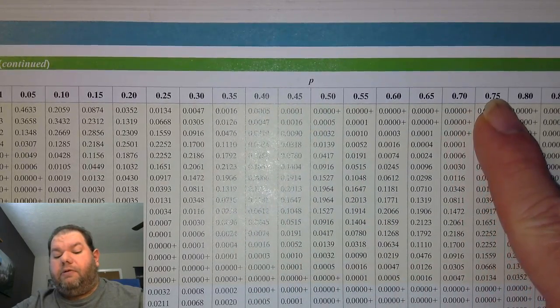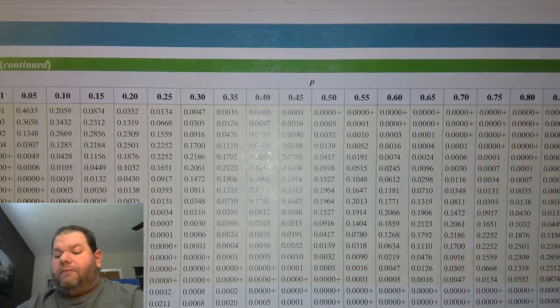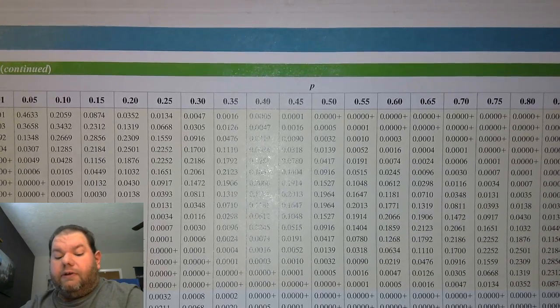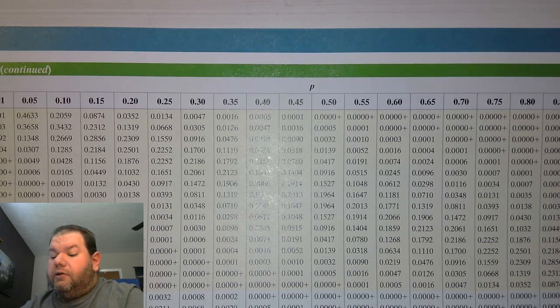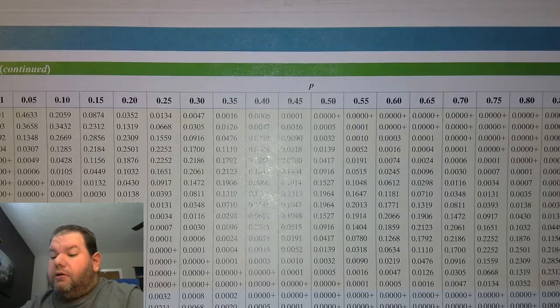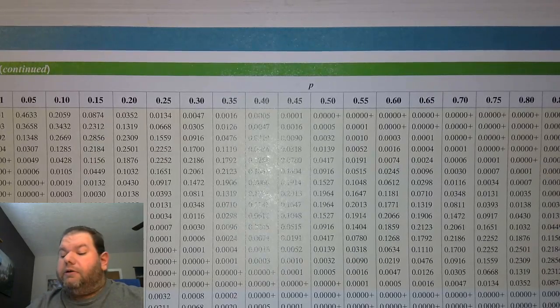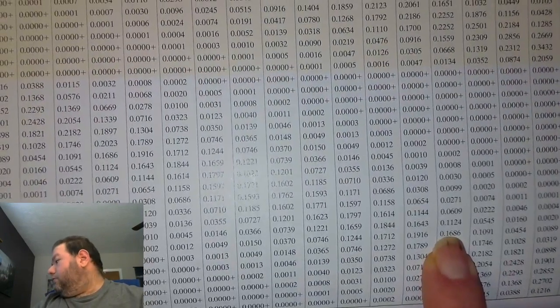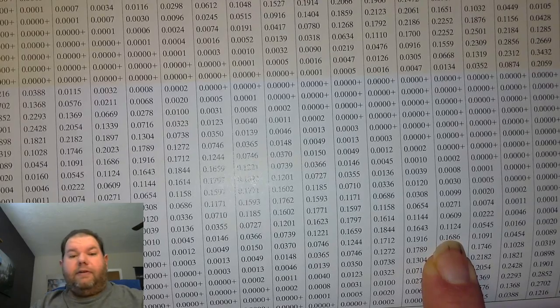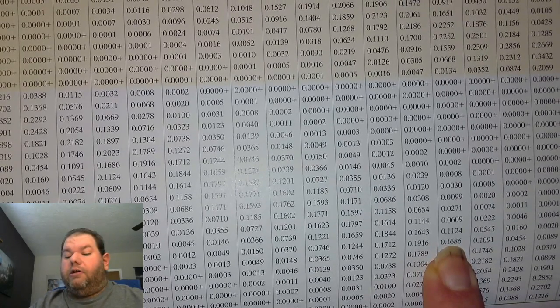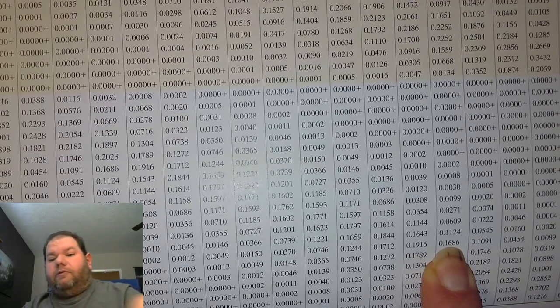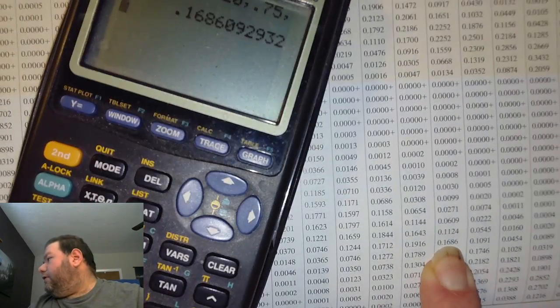And what I'm going to do is I'm just going to move my finger down and across. I think I found it. Okay. And it actually gives us that same value. This is 0.1686, and that's the same number that we got in the calculator already.